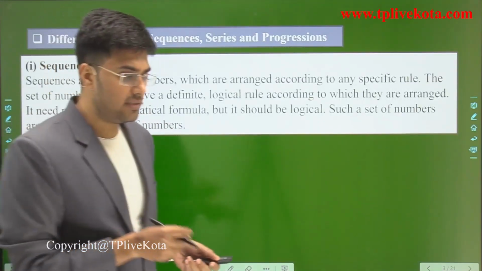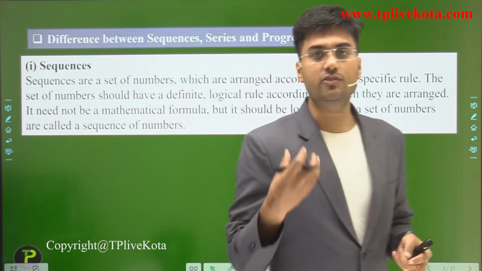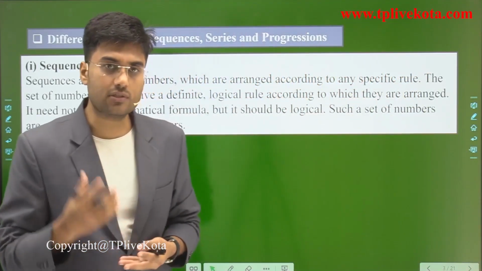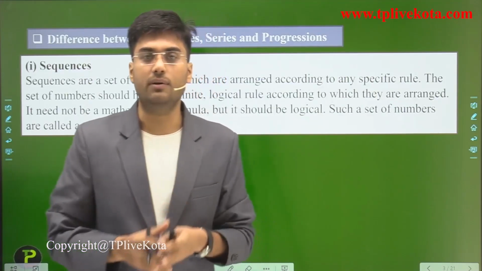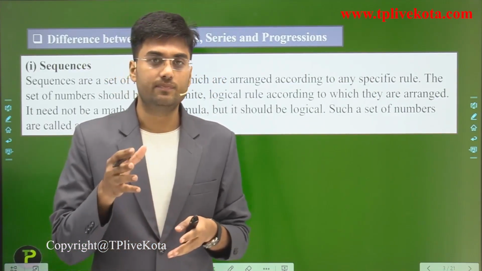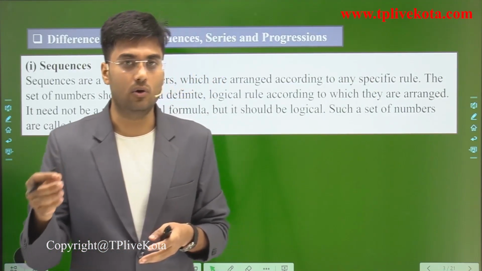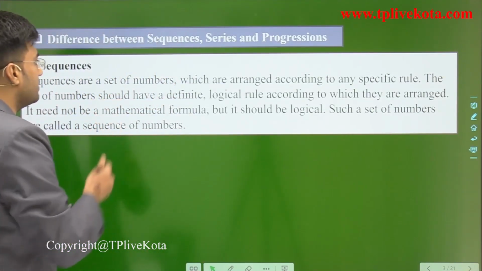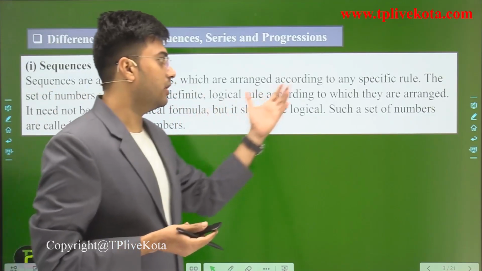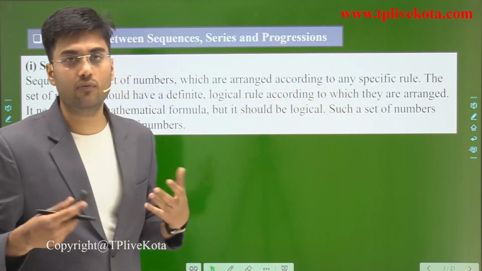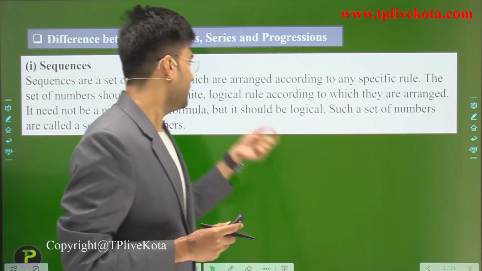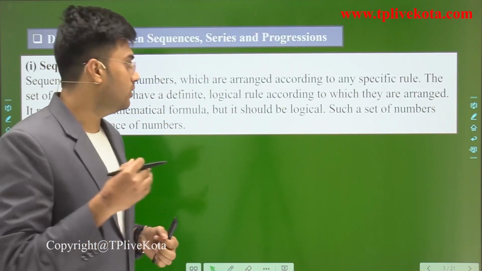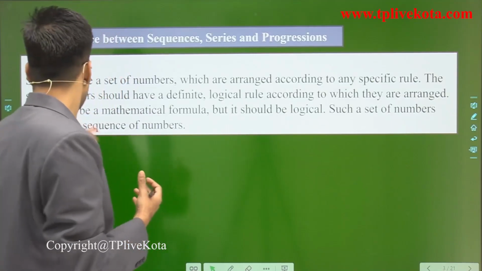A sequence is a set of numbers which follows a well-defined pattern. Sequences are sets of numbers arranged according to a specific, well-defined order. The set of numbers should have a definite logical rule according to which they are arranged.